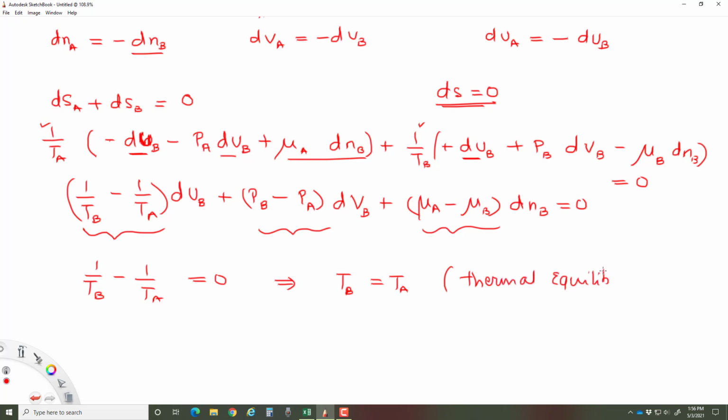And then the second one will give us PB minus PA is 0, so that implies that PB is equal to PA, so that means there is also mechanical equilibrium.